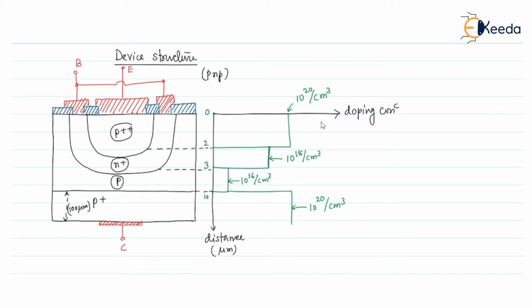Now for analysis purposes, a simple structure of the BJT is needed, for which a simple equation can be derived and the essential phenomena can be clearly brought out. So for that case, we will consider this cross section.